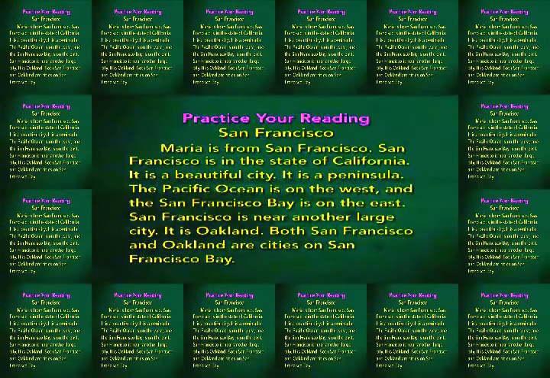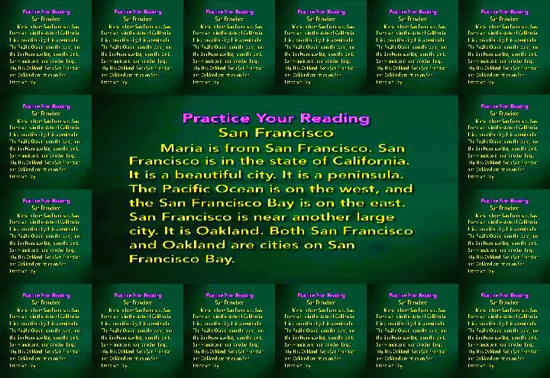Now, before we begin our practice, I want to read this passage one more time, so listen carefully. San Francisco. Maria is from San Francisco. San Francisco is in the state of California. It is a beautiful city.